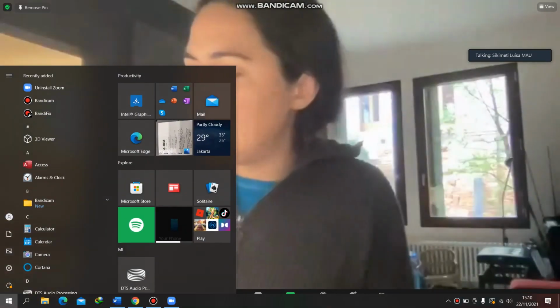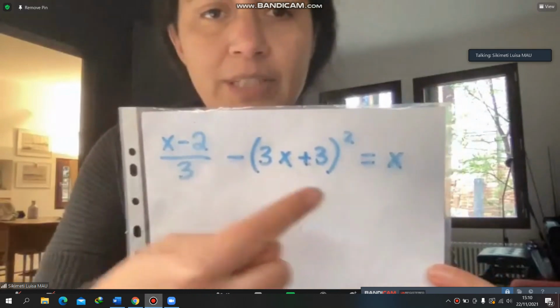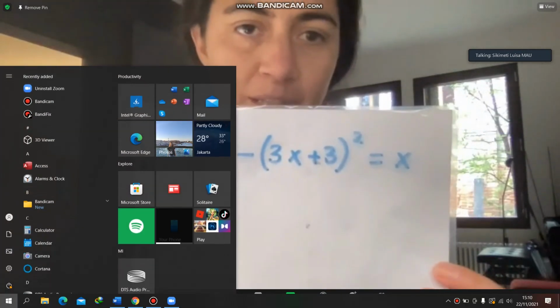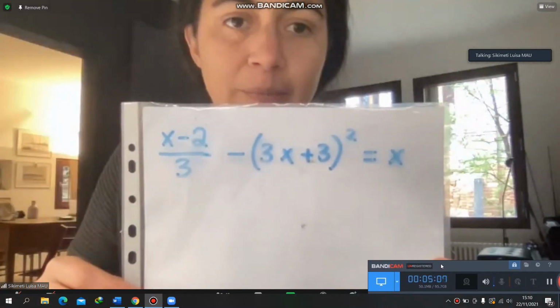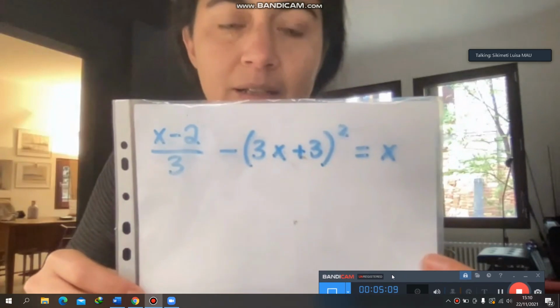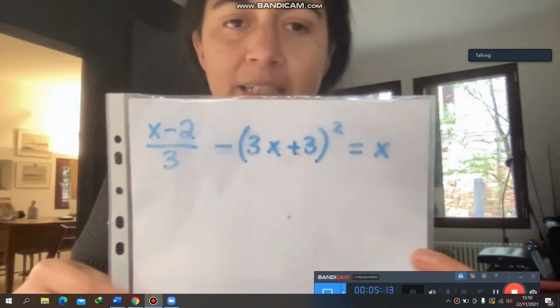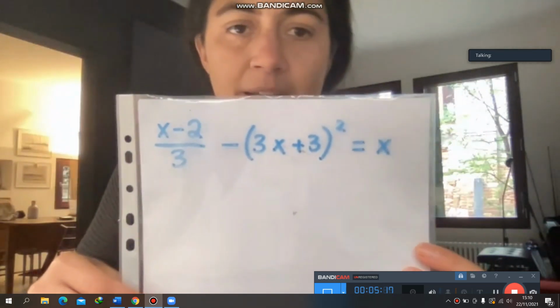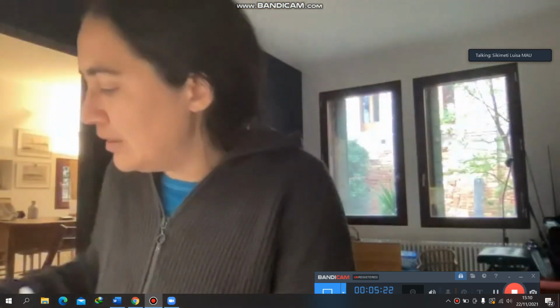So the idea with this problem would be exactly what you did, which is you multiply everything out so that you end up with a quadratic expression, right? So something times x to the power of 2 plus something times x plus something equals 0. Okay, and so what happened in your case? Let me just do that here.